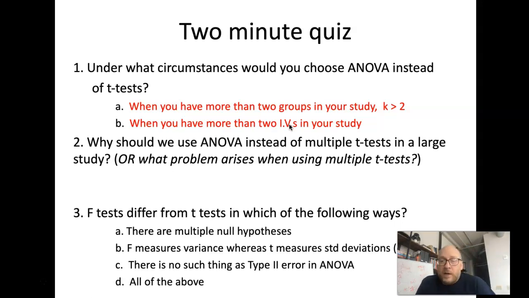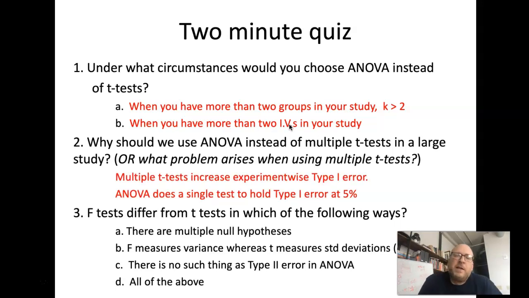All right, so I was talking about how so many levels in a study or an independent variable multiplies the amount of t-tests there are. And while we could use multiple t-tests to analyze all of the possible pairwise comparisons, the reason we don't is that doing multiple t-tests increases the experiment-wise type 1 error.